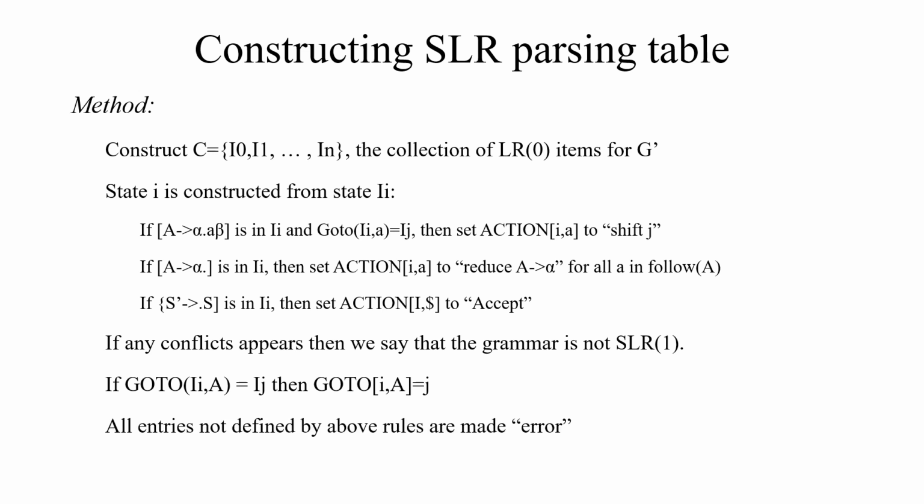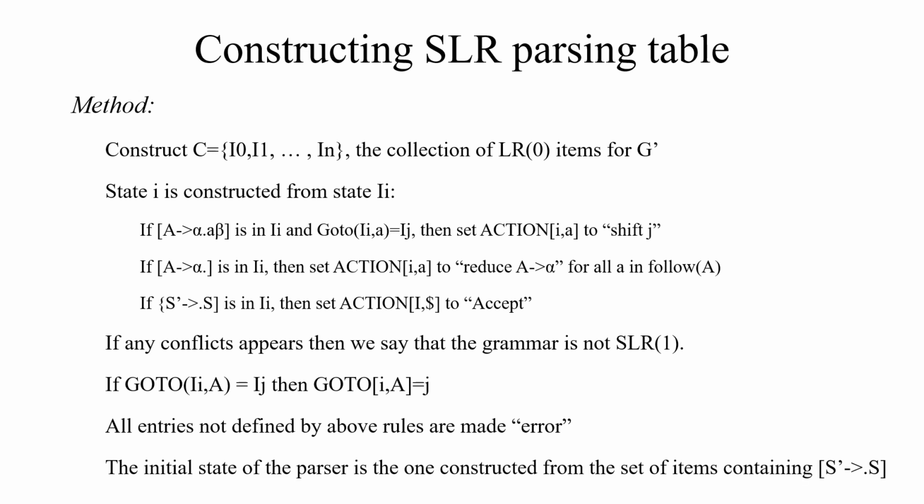All the entries not defined by the above rules are made error. This we studied in LL1 also, vacant places are filled with error. The initial state of the parser is the one constructed from the set of items containing S dash derives dot S.